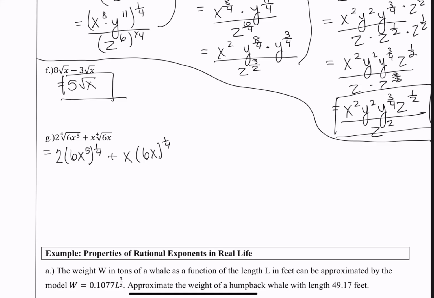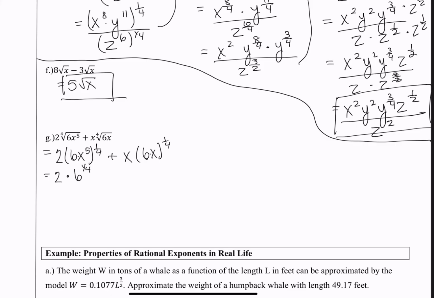Now I'll use that power of a product property to give that power to both factors. I've got a factor of 6 and x to the 5th in the first term, and in the second term I've got a factor of 6 and x. Now 2 does not get raised to the 1/4 power. 2 is out here by itself being multiplied to 6 to the 1/4 power.